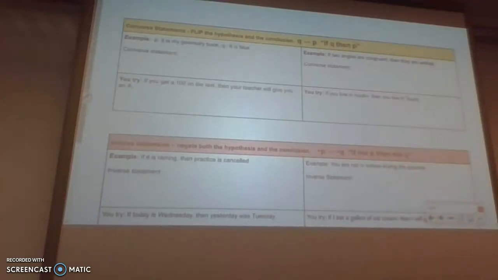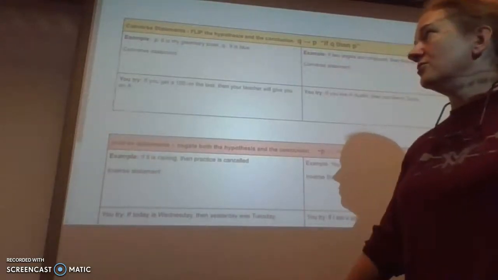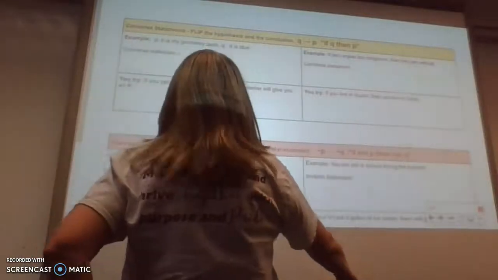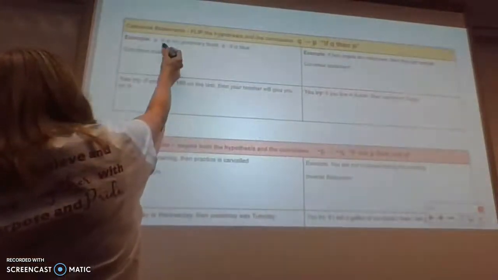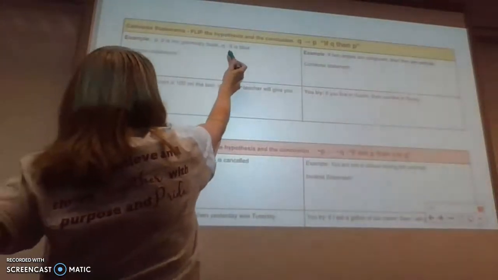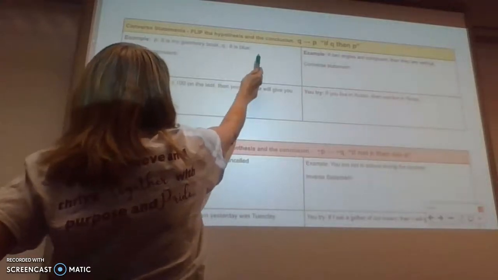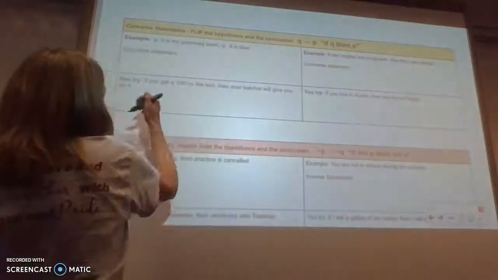So now we're going to flip it, a converse statement. If Q, then P. So you're flipping the hypothesis and the conclusion. All right, so P, the hypothesis, is it is my geometry book. Q, the conclusion, is it is blue, but we want to put the conclusion first.